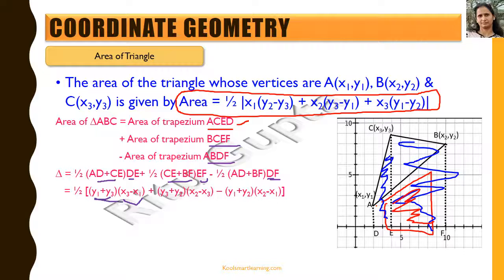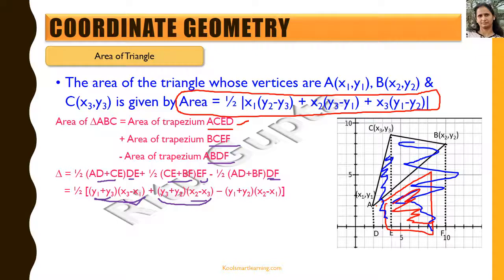So this becomes the area of the first trapezium, plus we have CE plus BF, CE being y3 and BF being y2. So this becomes y3 plus y2 into EF, which is nothing but x2 minus x3. So this is the area of the second trapezium minus the area of the third trapezium, which is ABDF.